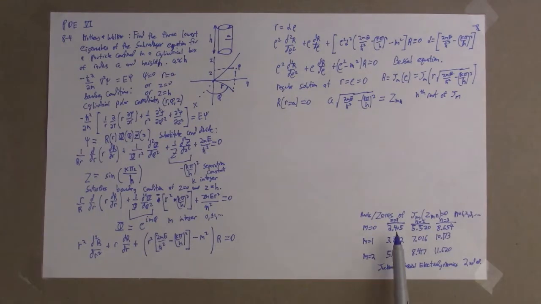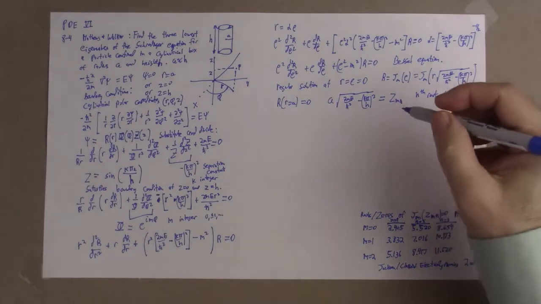Down here I have the roots, or the zeros, of J_m, z_mn. And so I have n equal 1, 2, 3 over here, and m equals 0, 1, 2 down here. I just copied this table out of Jackson Classical Electrodynamics, second edition. You can go online and get the roots. You can use software. You can look in a book.